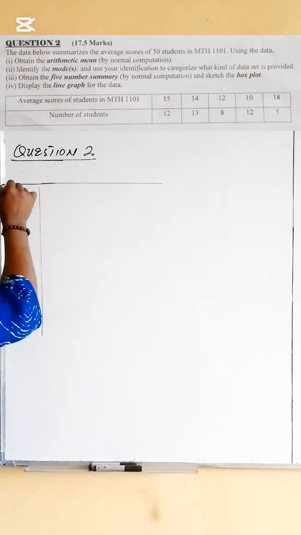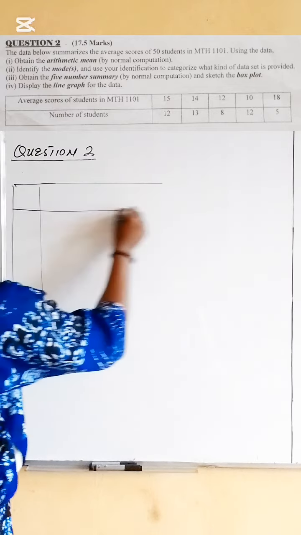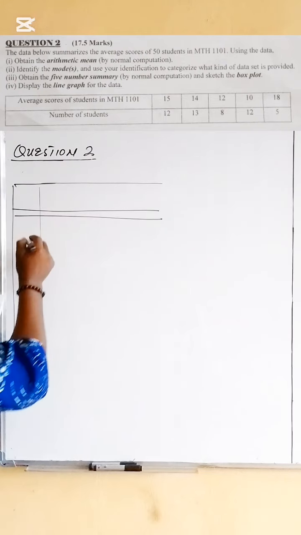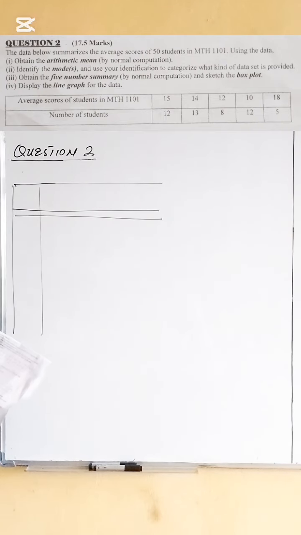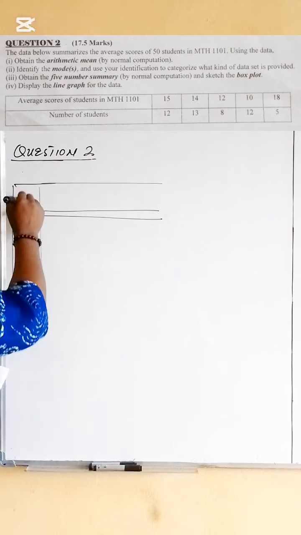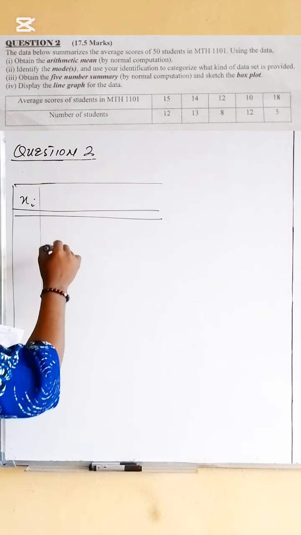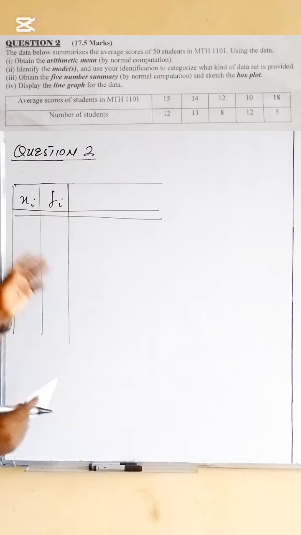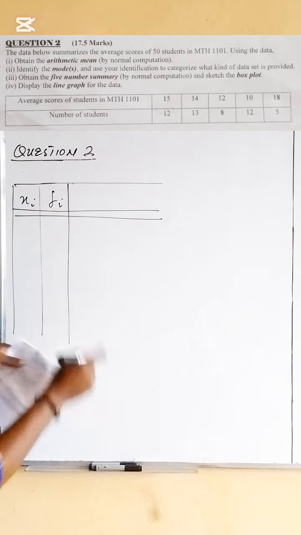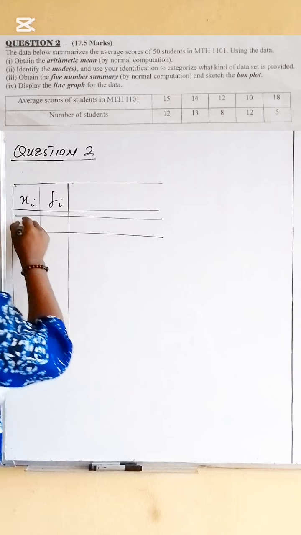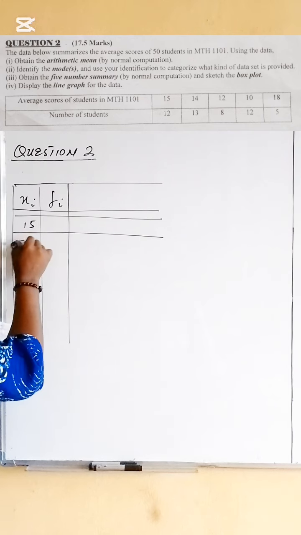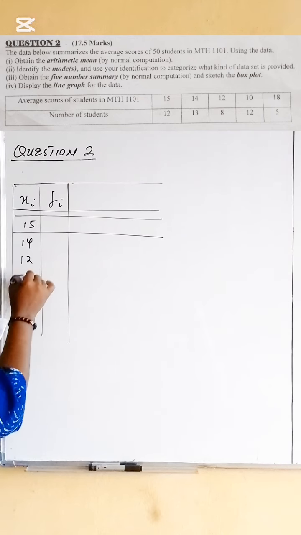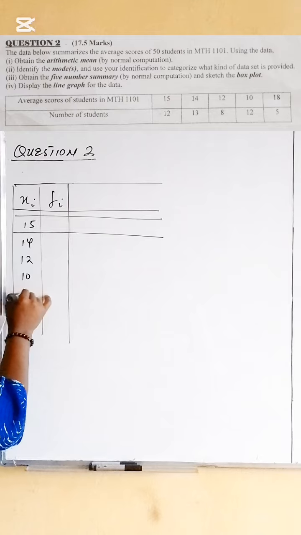So I'm going to reorganize that table, putting average scores of students in MTH 1101, which I'm going to call my xi's, and the number of students, which I'm going to call my fi's. So quickly, I now have xi's and fi's. Quickly, I'll put 15, 14, 12, 10, and 18.